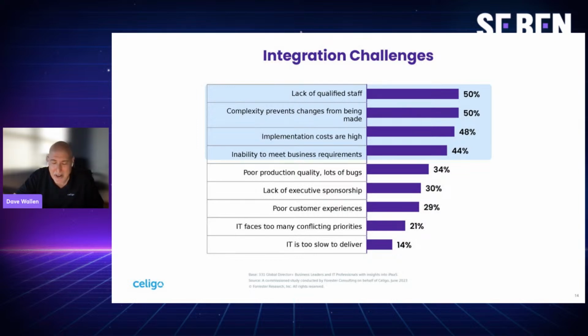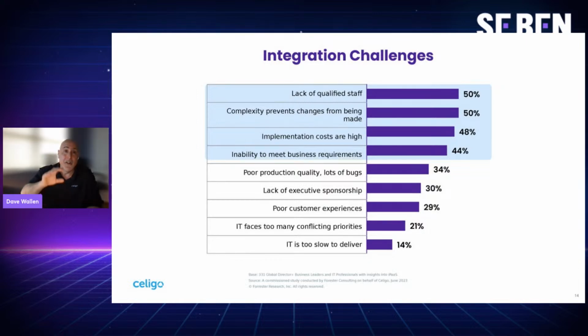Technology can't fix that, right? The more people and the more complexity involved in the process, the harder it is to do. So that is what it is. Although when more business users are involved, that simplifies the complexity, because at least there are fewer people involved in the project. Implementation costs are high, yes, and there's an inability to meet business requirements.